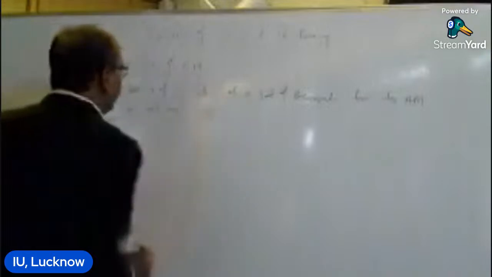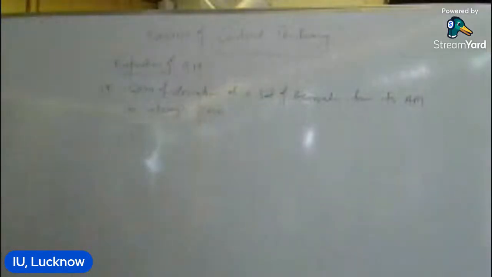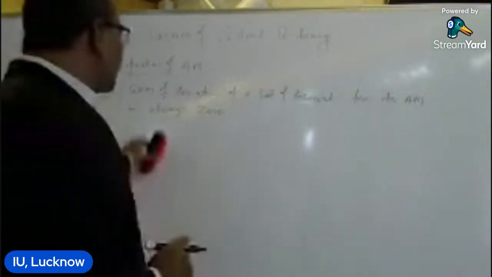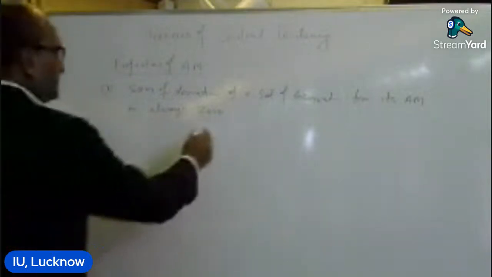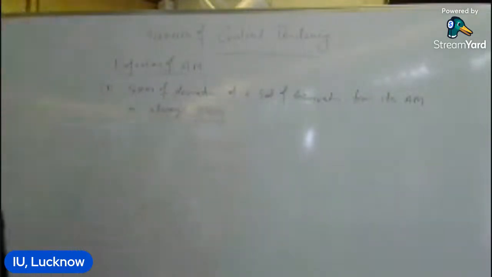The second property is that the sum of deviations of a set of observations from its arithmetic mean is always 0. This is a very important property of the arithmetic mean. What does it mean?